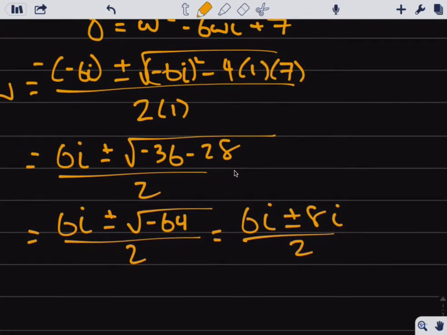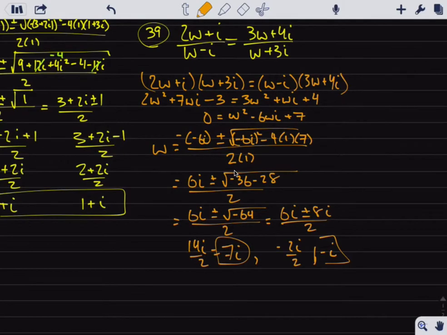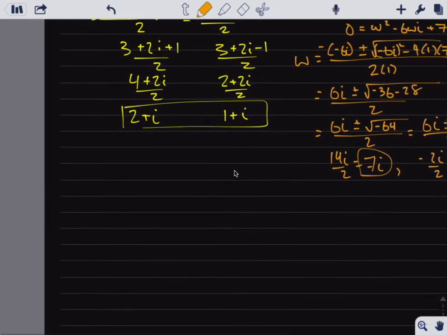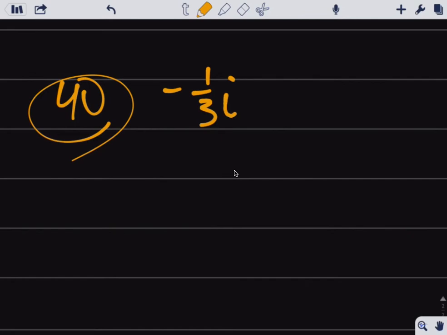So you get 14i over 2, or negative 2i over 2, which is 7i or negative i. So those are your answers for that. And the answers you should get for 40, doing a similar type thing, are negative 1/3 i and i.